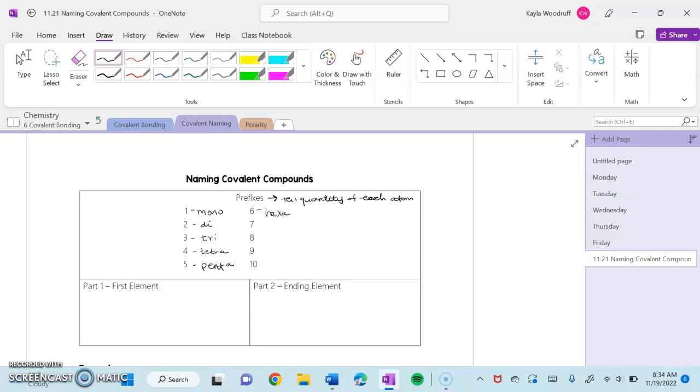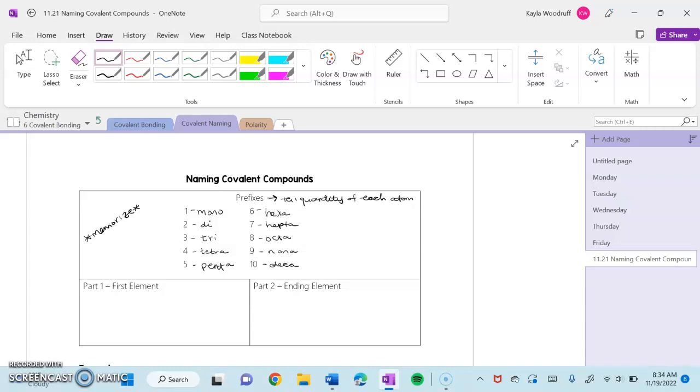Hexa. Hepta. 8 is octa, like an octagon. Nona. And deca. So do memorize these. Most of them you probably already know.